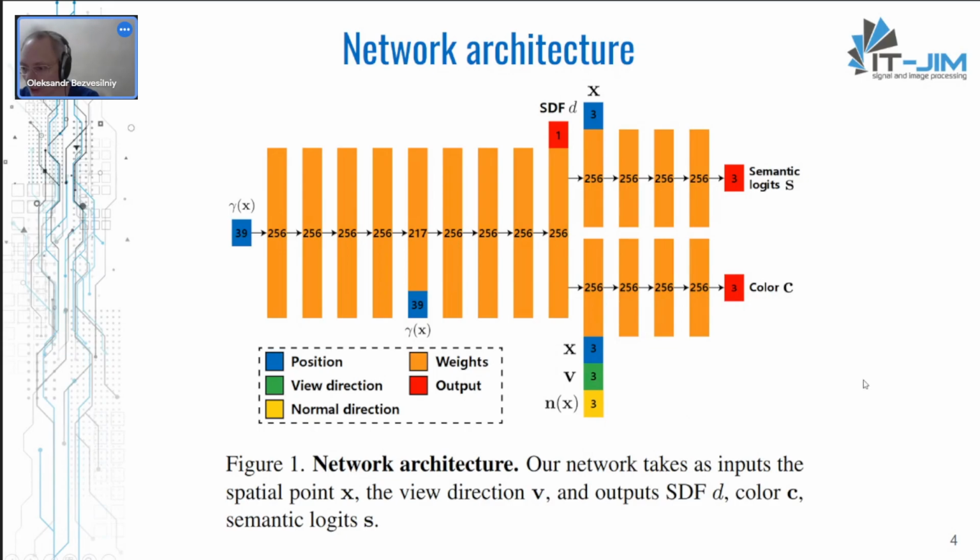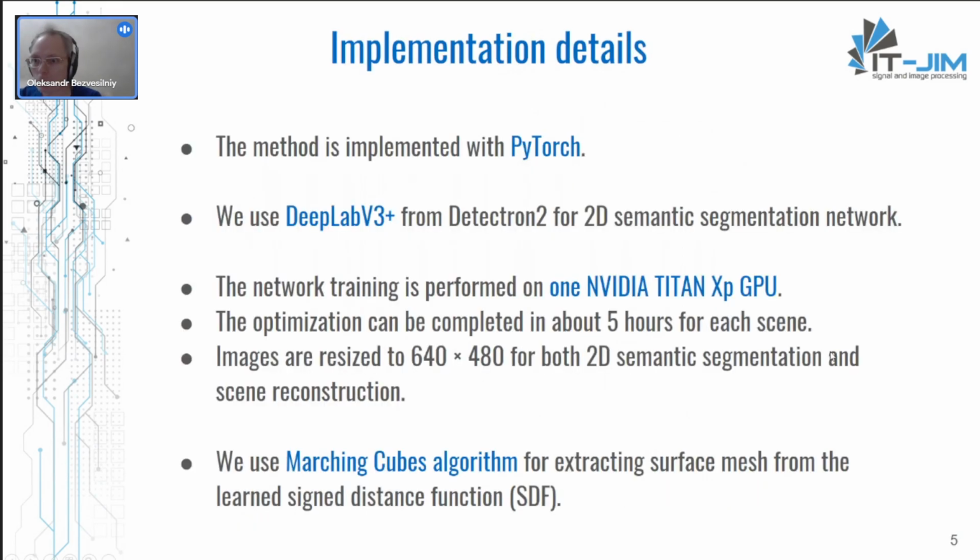For this, the network takes as inputs spatial point, view direction, and outputs signed distance field or function, color, and semantic logits here. So some implementation details: they use PyTorch and they use DeepLab version 3 plus for initial two-dimensional semantic segmentation.